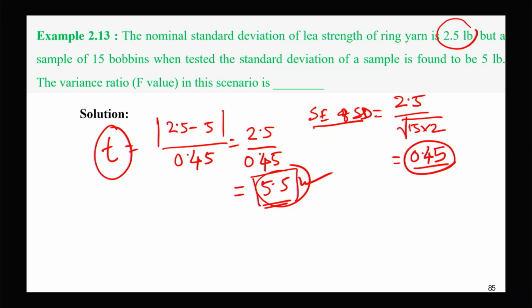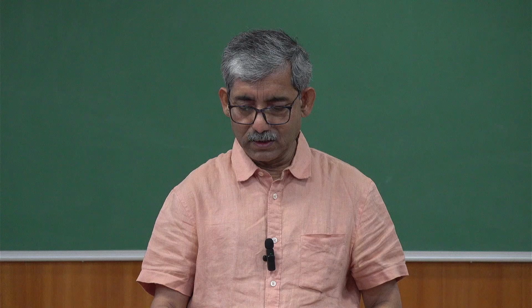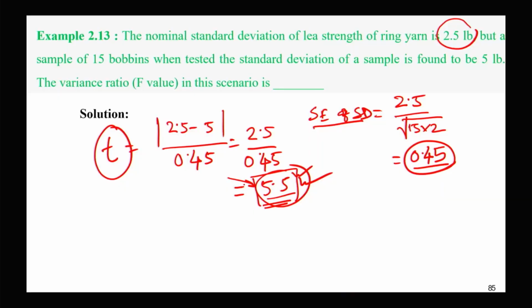So again our conclusion is that it is significant. Here the exact value is not that important. If the t value we are getting is more than the table value, then it is significant. To what extent, we are not bothered. If it is more than the 99% level t value, then we can consider it as significant.